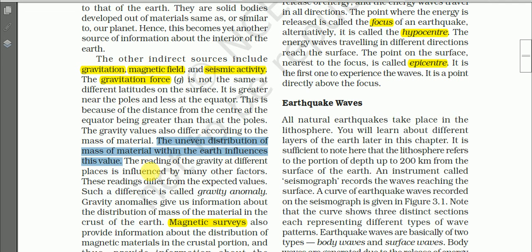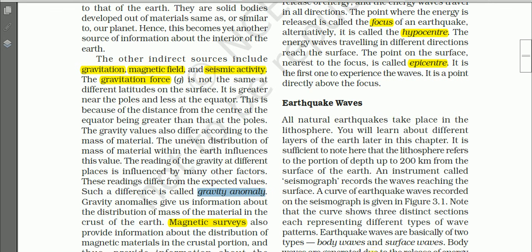And see, the reading of gravity at different places is influenced by many other factors. Not only the mass of the material, the gravity may be affected by other factors also, and these readings differ from the expected values, and such difference is called gravity anomaly.